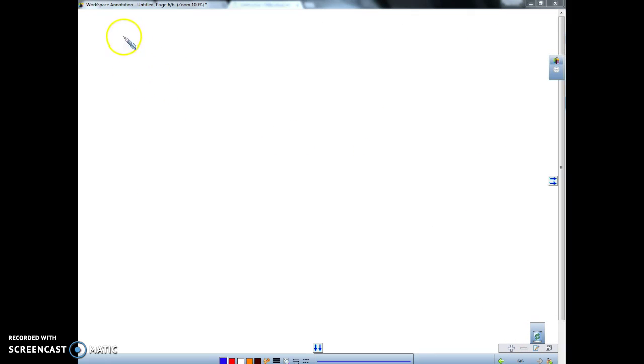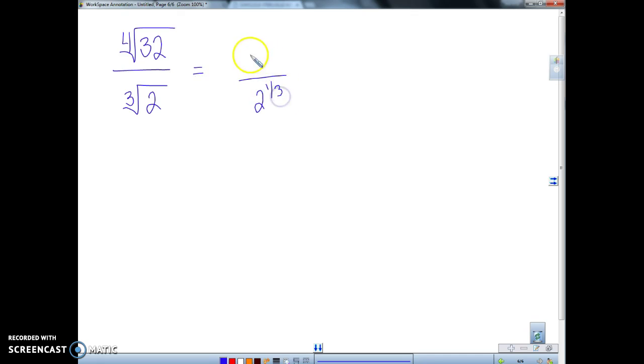The next one, if we have the 4th root of 32 over the cube root of 2, we can rewrite that as 32 to the 1/4 over 2 to the 1/3.